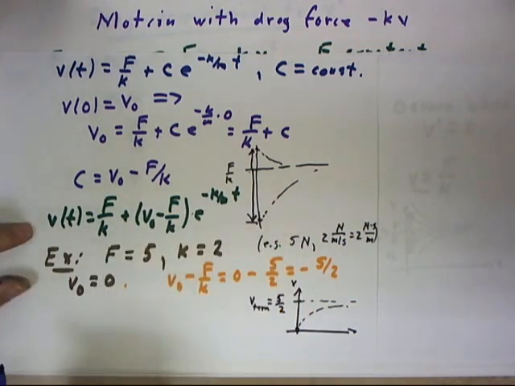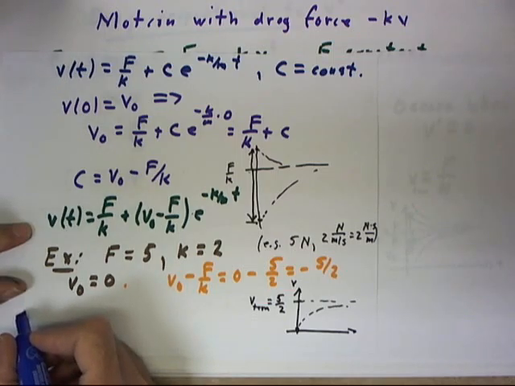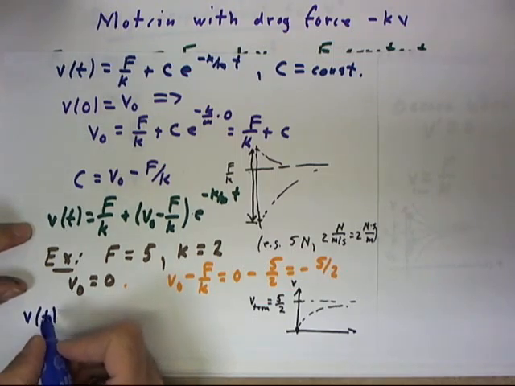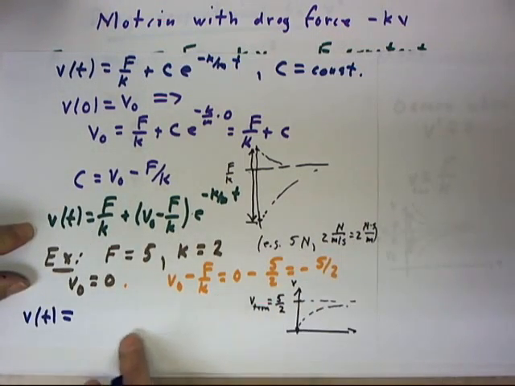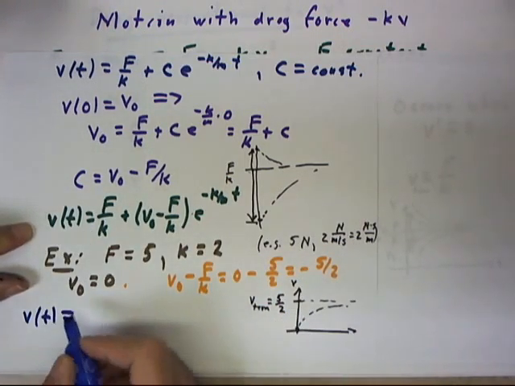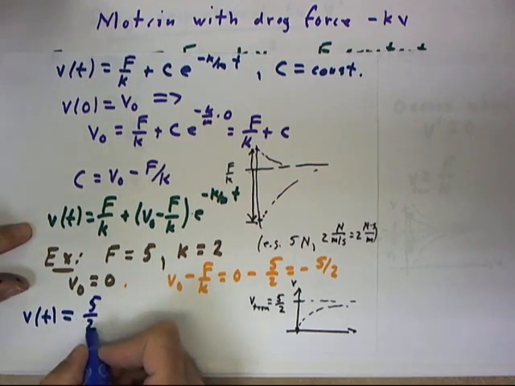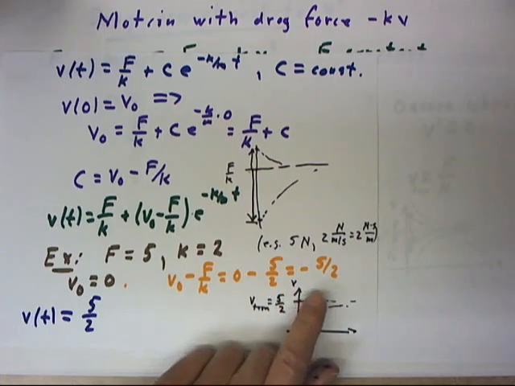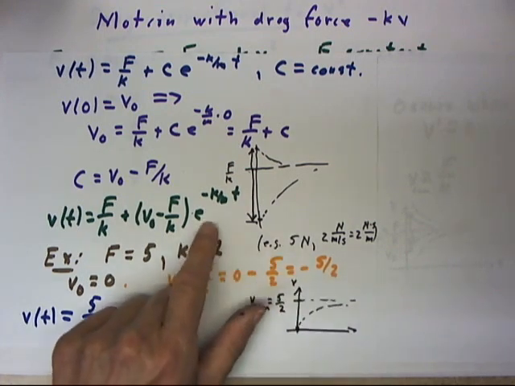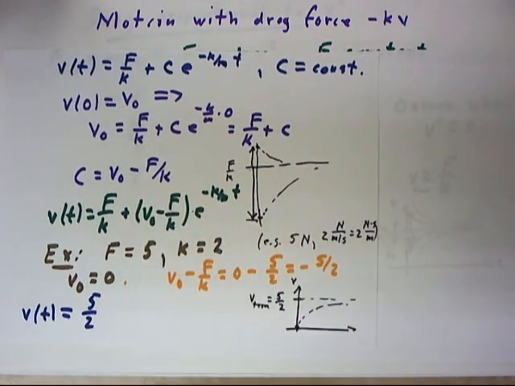Our solution then becomes V of t equals F over K, which we've seen to be 5 halves, plus V naught minus F over K, well, that's negative 5 halves, and that's multiplied by e to the negative k over m t.